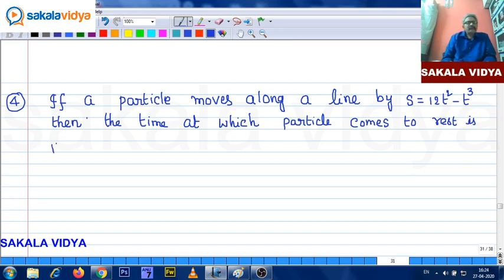First option, after 2 seconds; second, after 4 seconds; third option, after 6 seconds; fourth option, after 8 seconds.